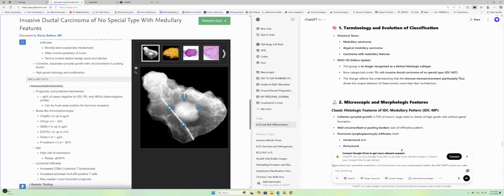Terminology and evolution of classification. What's the historical name for this disease? Medullary carcinoma. Other people call it atypical medullary carcinoma. Some people call it carcinoma with medullary features. What's the new name now?